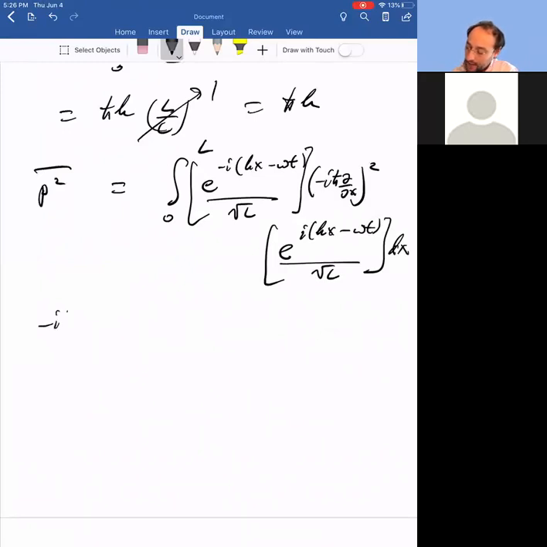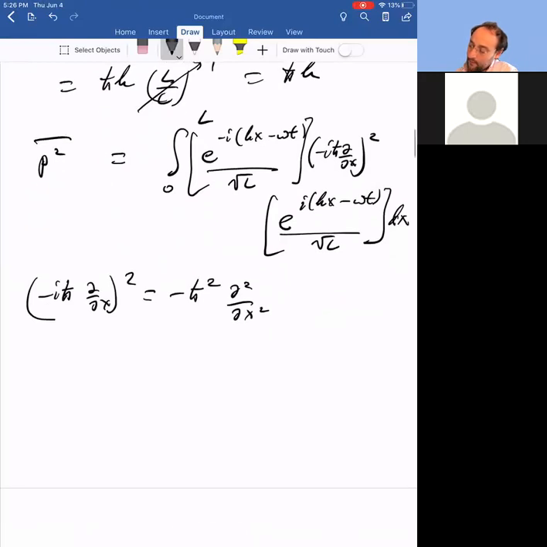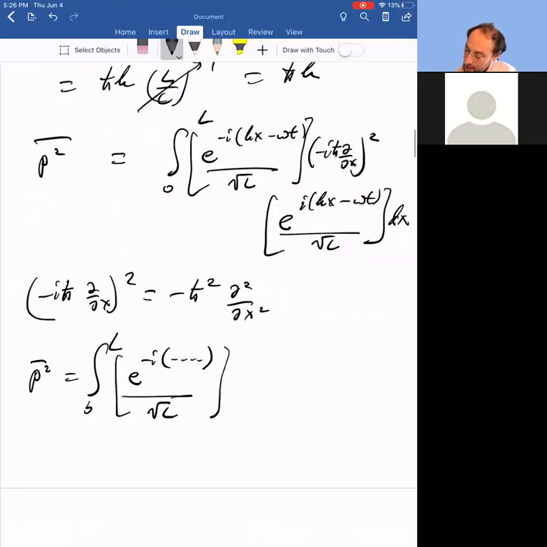So minus i h bar partial x, this whole gadget squared, is simply minus times minus, that's 1, i times i, that's minus 1, h bar times h bar, so that's minus h bar squared times the second derivative. You can do the math and you will see that this is e to the minus i, all that stuff, over root L times minus h bar squared.